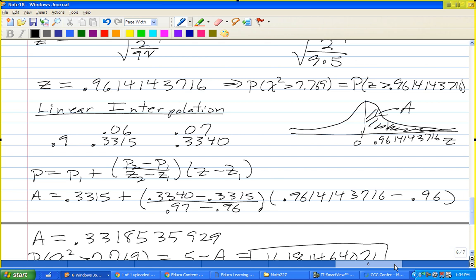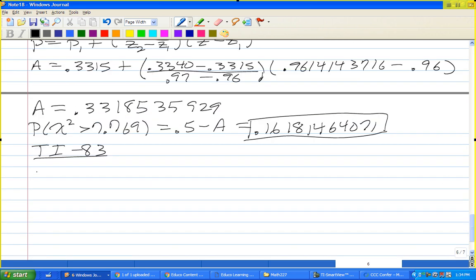And so let's just look here. Notice that this is the area less than this. So if I want to find the area greater than it, I have to subtract this from 1. So it's 1 minus chi-squared CDF.